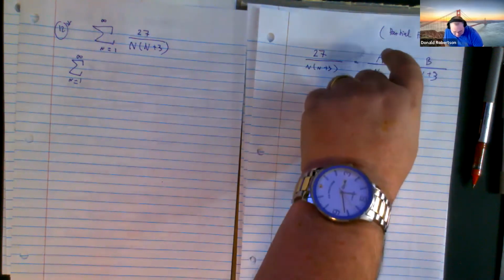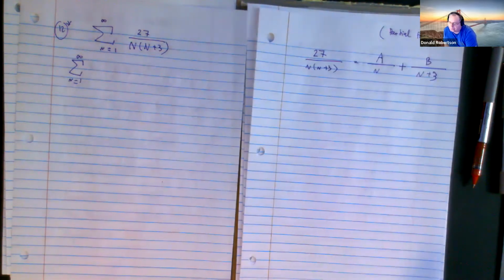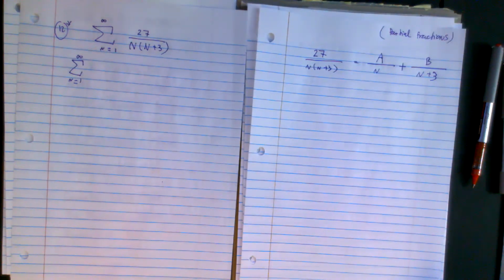How do you find the coefficients A and B? Can anybody remember? You multiply both sides by their denominator first. That's definitely a method that is taught, and it works totally fine. Then you find the A and B by plugging in the number that makes the n inside become 0.